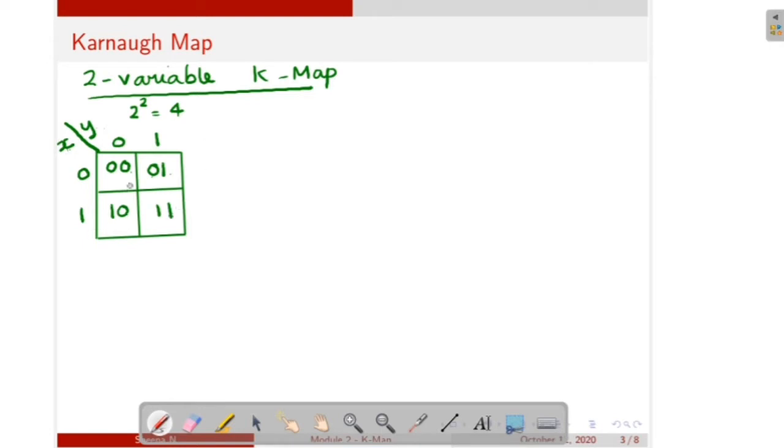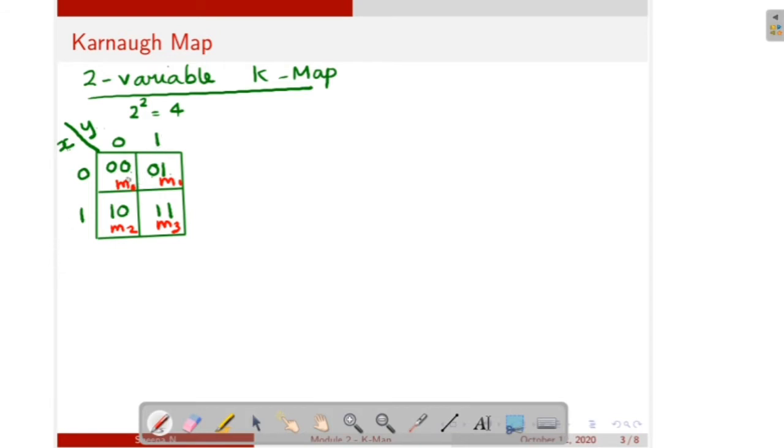Okay, so the decimal equivalent of the number 0, 0 is 0. So this actually represents m0. Okay, min term m0, 0, 1 is m1, and 1, 0 is m2, and 1, 1 is m3. So each square represents a min term m0, m1, m2, and m3.